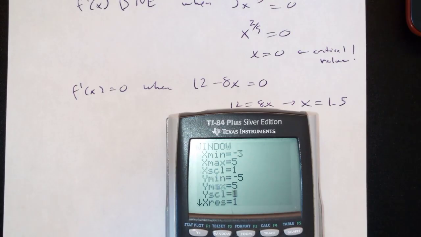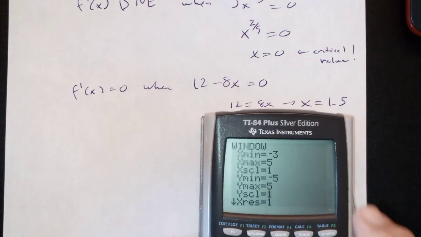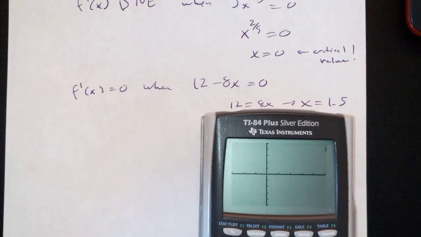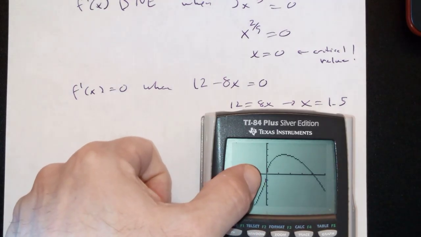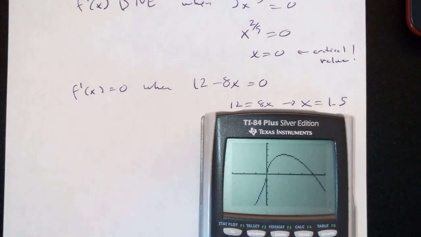What do you see in your picture? A vertical tangent line and a horizontal line. It's worked, master, it's worked.